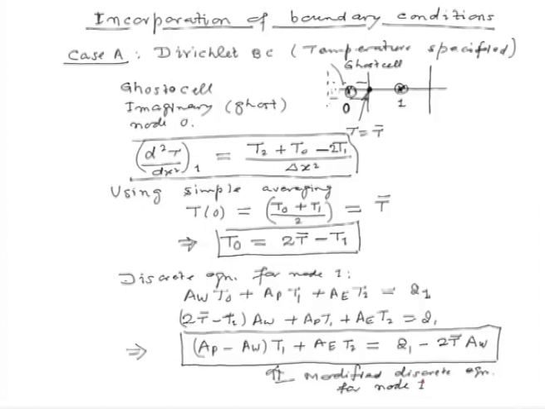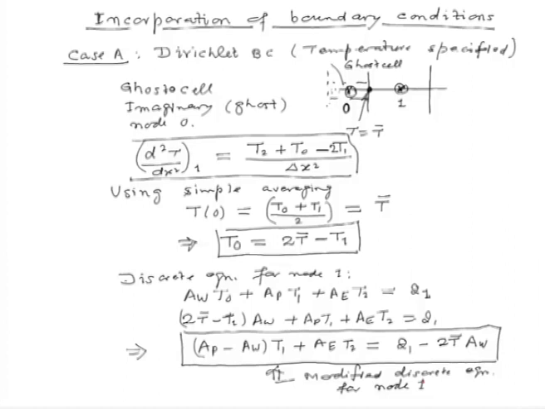And we have got a derivative in our boundary condition. So instead of using a backward difference approximation, which is only first order accurate, which we had used previously, now we would use a central difference approximation for the derivative at the boundary node, once we introduce this concept of a ghost cell or ghost node.